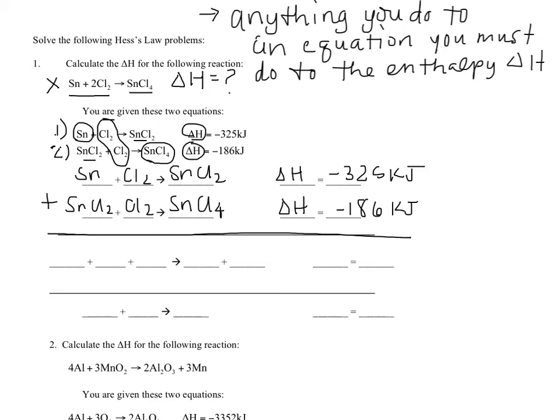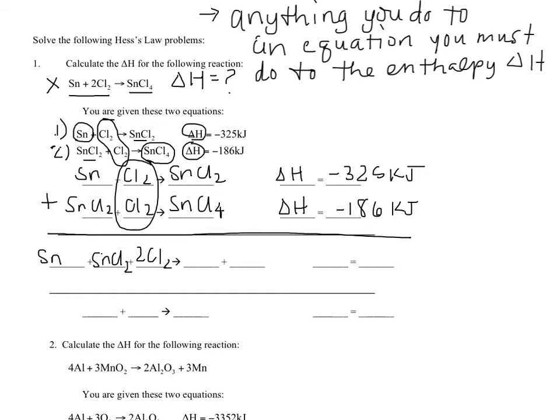over on the left-hand side, I have the Sn from the first equation. I have the SnCl2 from the second equation, and then I also have two Cl2s from the first and the second equation combined. So I'm going to total those up there.